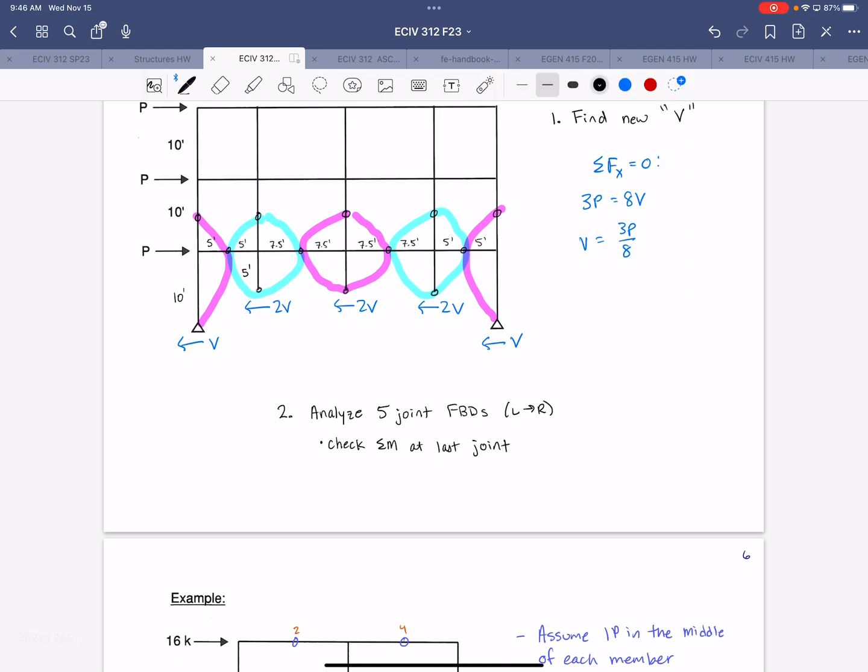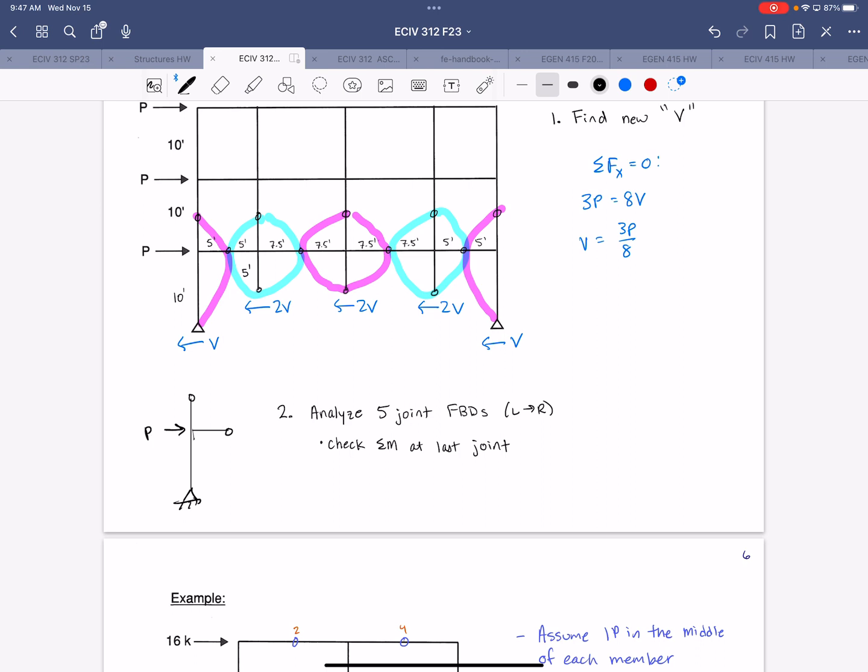So I'm just going to, once again, draw that first joint in this level. In this case, it's going to take us all the way to the pin support. So when you're analyzing the unknown forces down here, that's going to be your axial reaction, right? The vertical reaction at the base.